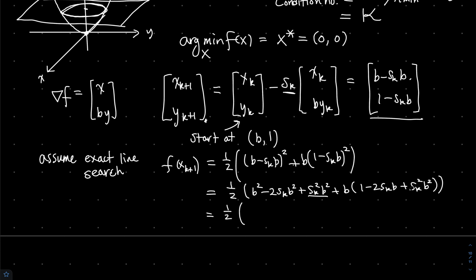Let's get the sk squared terms: we have b squared and b cubed. For the sk terms, we have minus 2b squared and minus 2b squared. For the constant terms, we have b squared plus b.